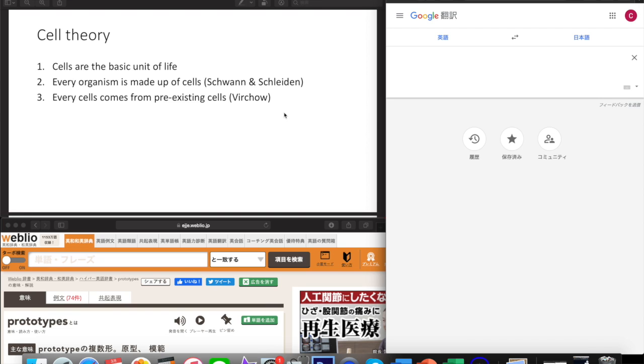Also, new cells arise from existing cells. They also said every cell comes from pre-existing cells. What do you mean, pre-existing cells? A pre-existing cell is a cell which already exists. This means all cells come from cell division.